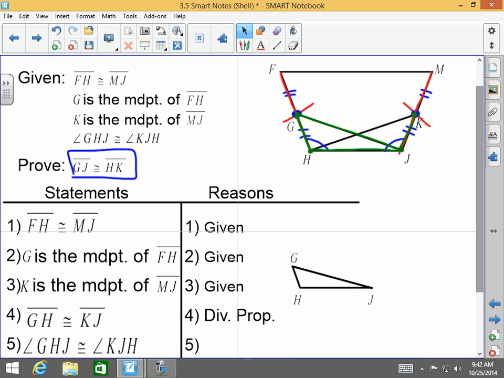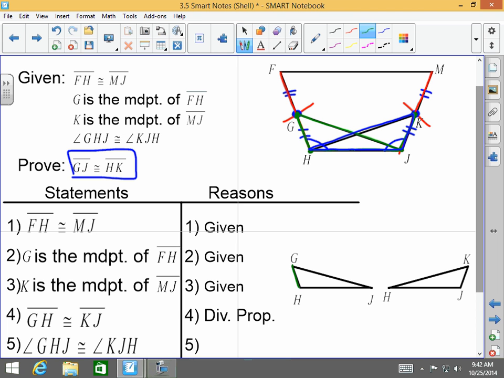And we're working with triangle HJK, which I'm going to highlight in blue here, which we can also pull out. So we have our green GHJ, and we have our blue KJH.